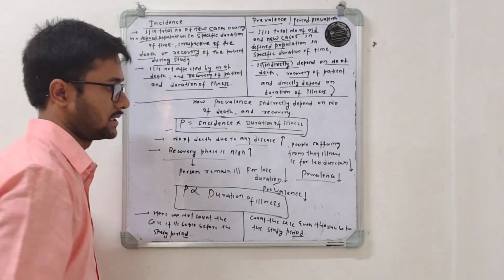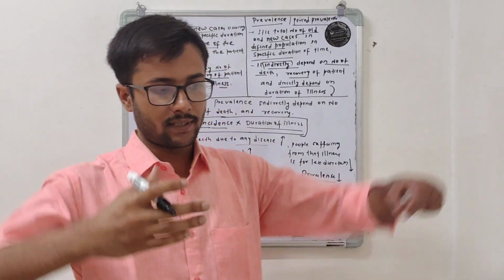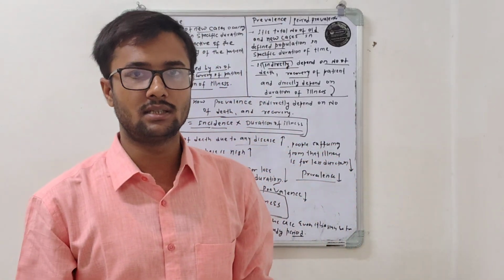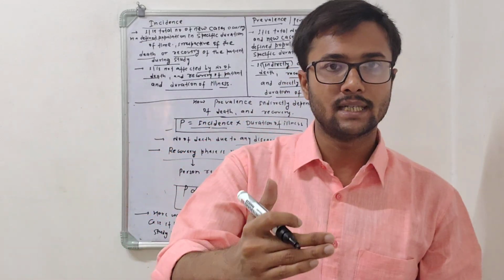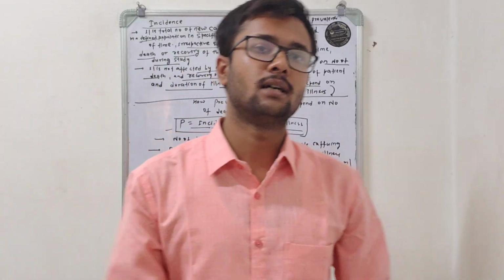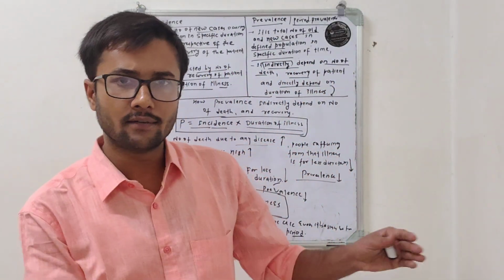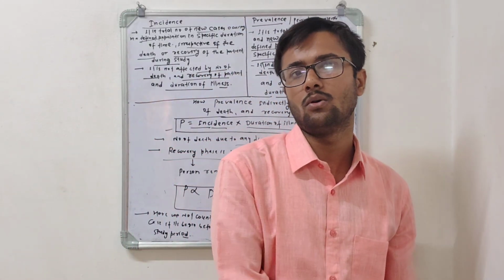the recovery phase. So if in any disease the recovery rate is more, it also indirectly suggests that the duration of illness is low. If a patient has a very long duration of illness, then definitely his recovery rate is low.